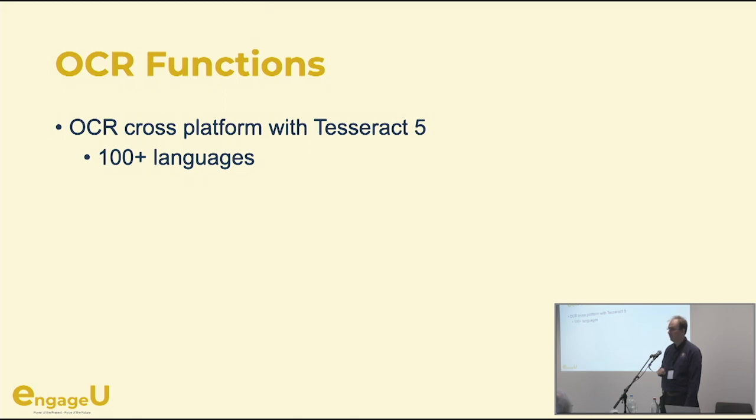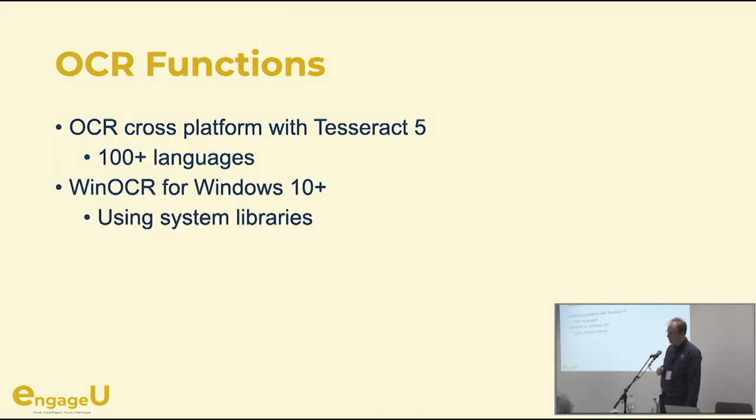So if you have some English, Dutch, Italian, whatever text, you can do that. On Windows, Microsoft brings their own OCR engine. So on Windows, you can install several language packs for your user and then enjoy all these languages for OCR. And we are using the system libraries, so you can just do that.